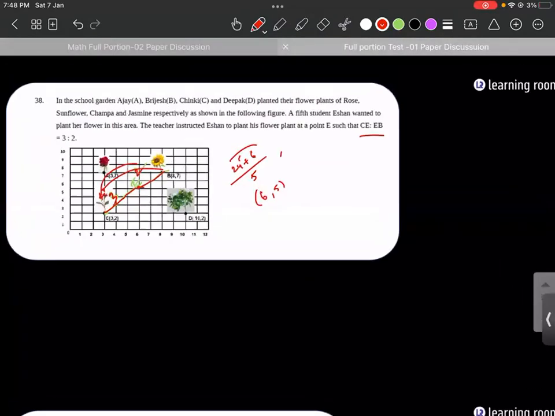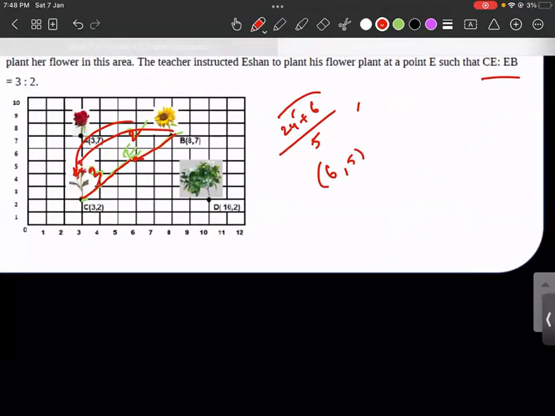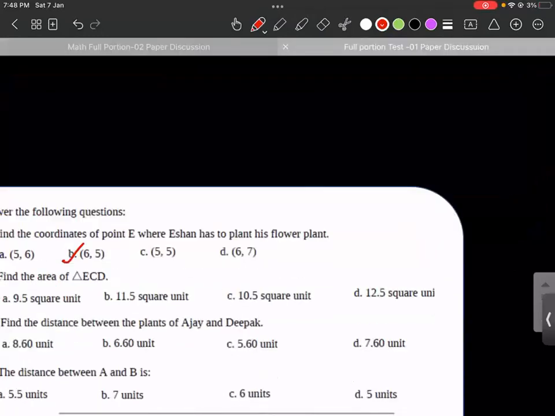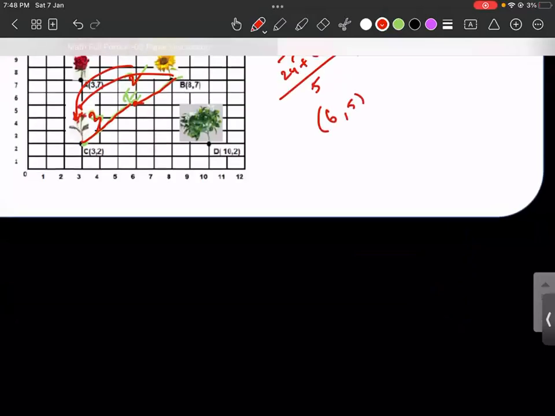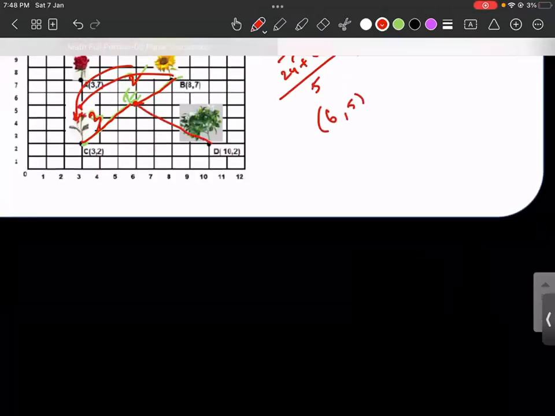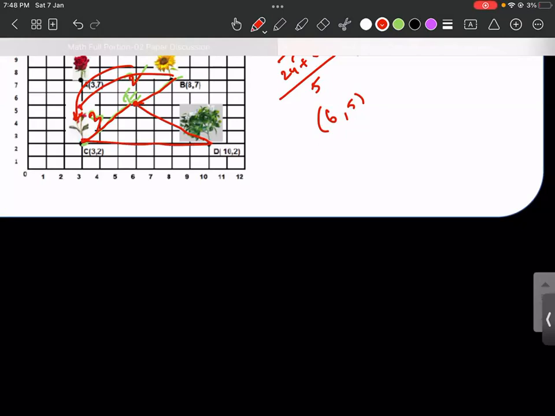Find the area of the triangle ECD. Okay, area of the triangle ECD.